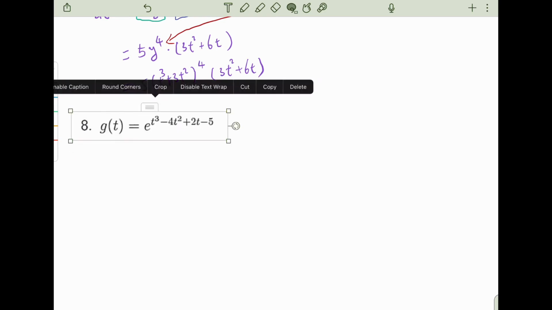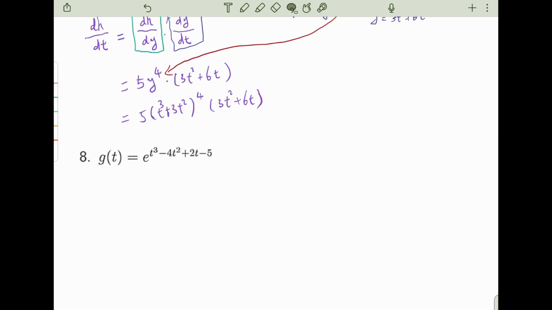Same steps. Identify the most outside function and the most inside function. The most inside function here is this polynomial function, because when you plug in t in this expression, you compute this polynomial first before you compute the exponent.